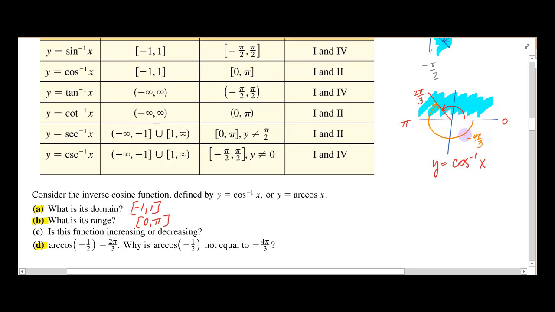Instead, I came out of the zone and entered through the back door here, and that's not allowed. In order to have solutions to my inverse functions, I must stay entirely within their allowable range, or when I draw a picture like this, within the blue zone area. Okay, so hopefully you have an understanding of our inverse trig functions.